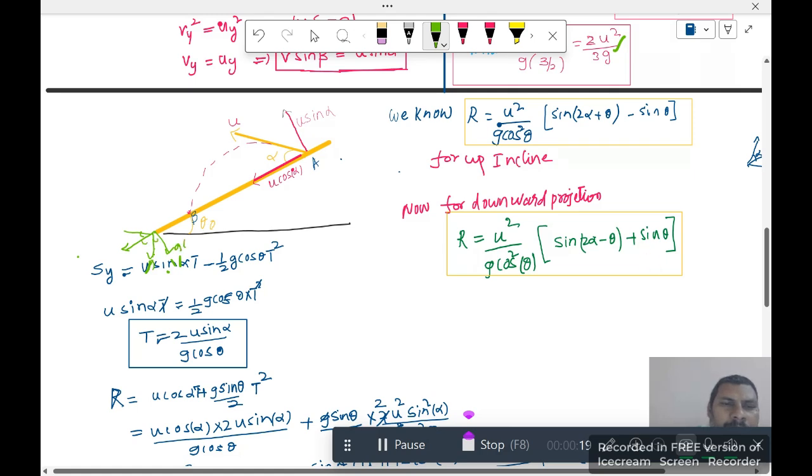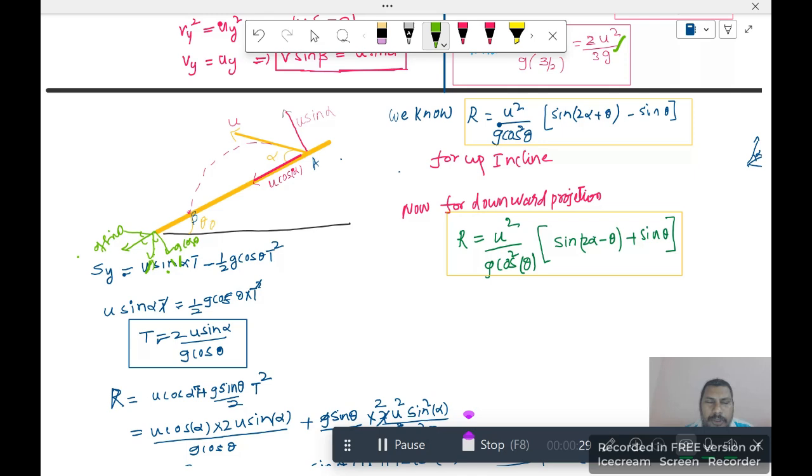Therefore we get g cos theta and g sin theta as the components of acceleration due to gravity. Now s_y is equal to 0, the time taken to complete the trajectory or projectile parabola path.